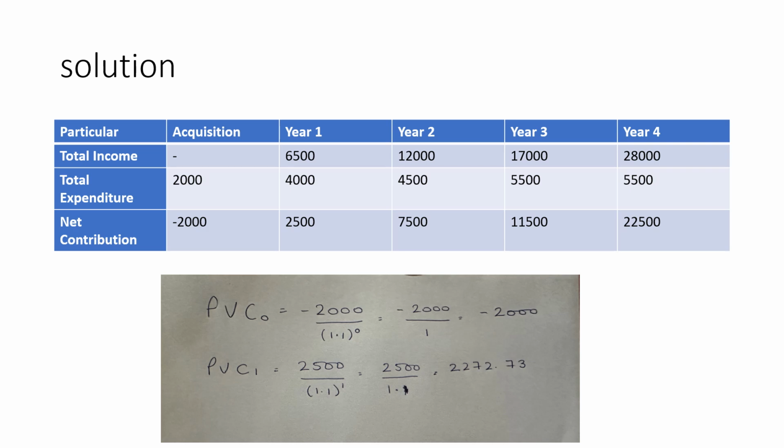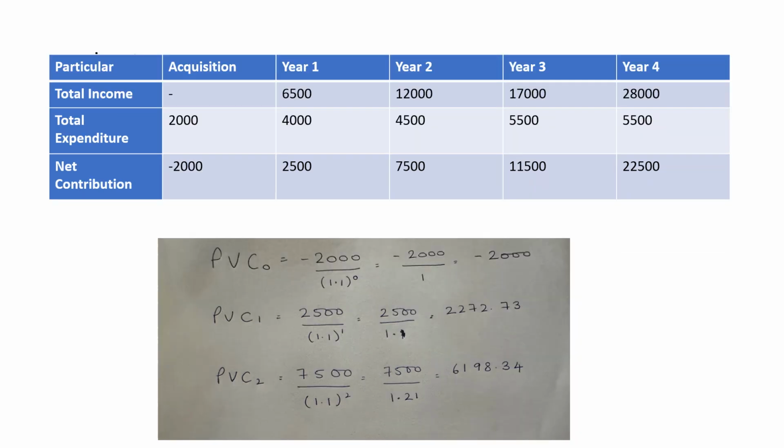So 2500 divided by 1.1 raised to the power of 1 equals 2500 upon 1.1, which equals 2272.73. PVC2, which is our year 2, equals net contribution 7500 upon 1.1 raised to the power of 2, which equals 7500 upon 1.21, which gives us 6198.34.